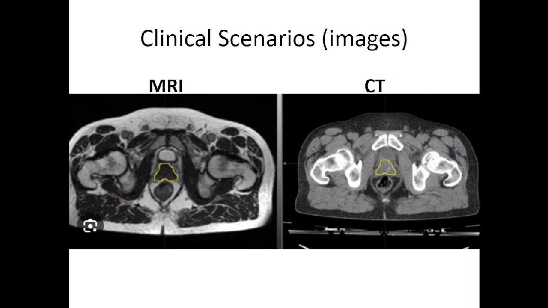Here is an example of MRI versus CT images side by side of prostate cancer. In this case, the MRI has better soft tissue contrast, and therefore we can see the boundary of the prostate with the bladder very clearly on the MRI image, versus the boundary is not as obvious on the CT image.